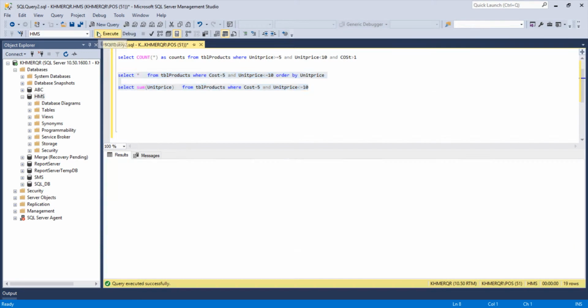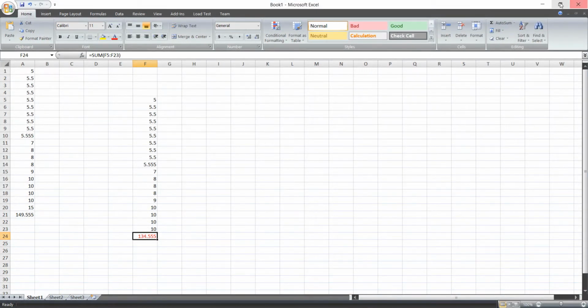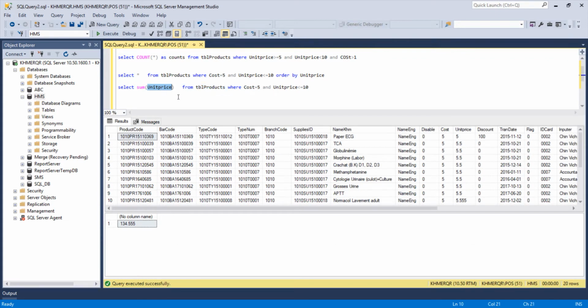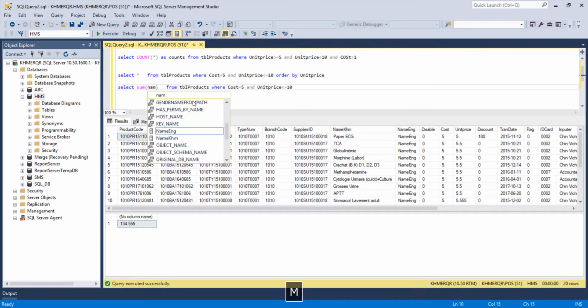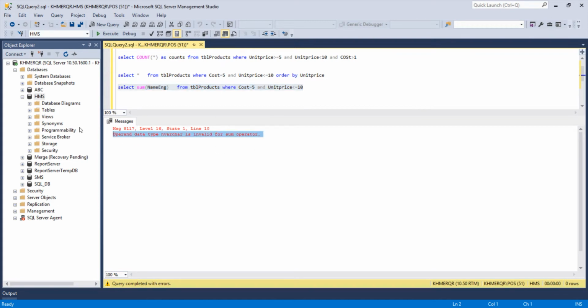So if we sum this out, it is 134.55. If we use sum, we sum the values, and we use it for numbers, doubles, or money only, not for names. Like this, it will error. We use it for numbers.